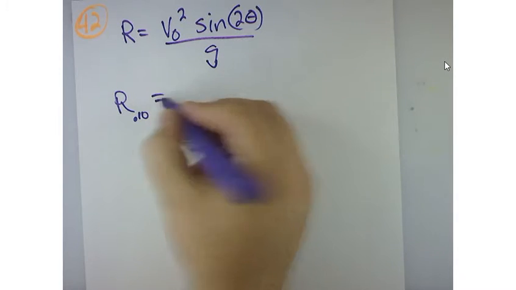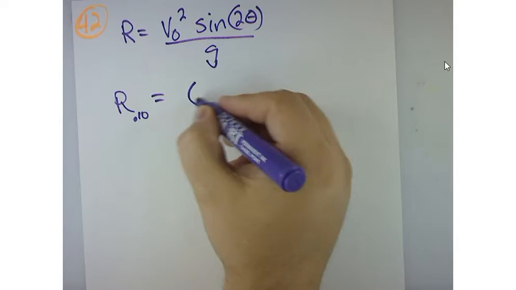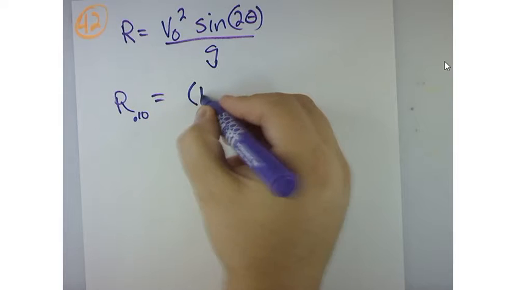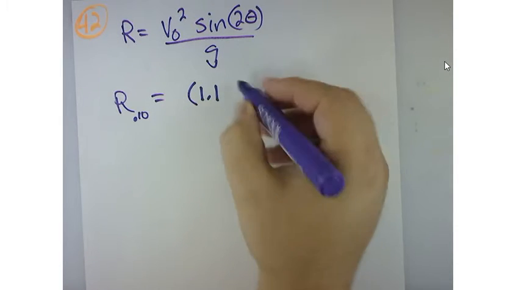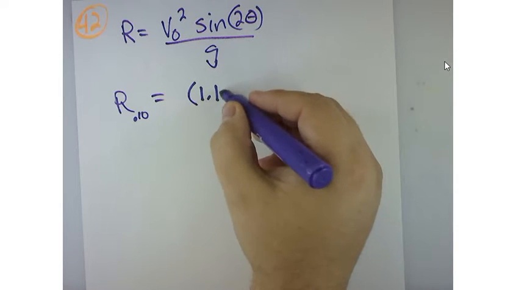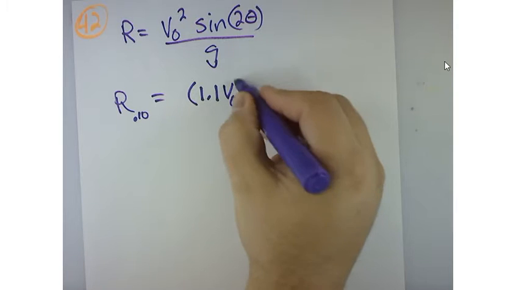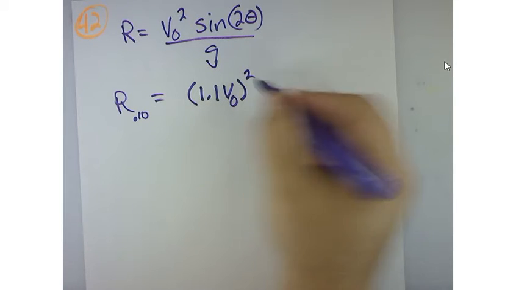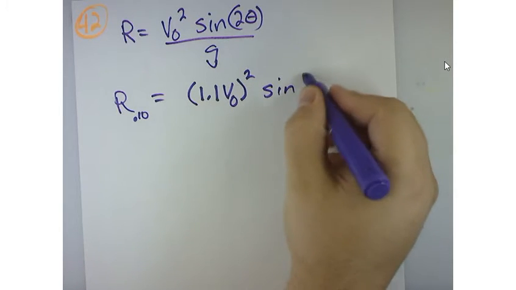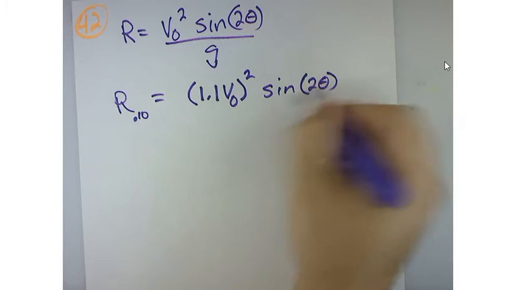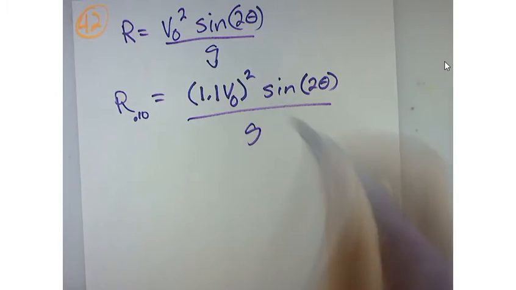That would mean 1.1 times v naught squared sine of 2 theta all over g.